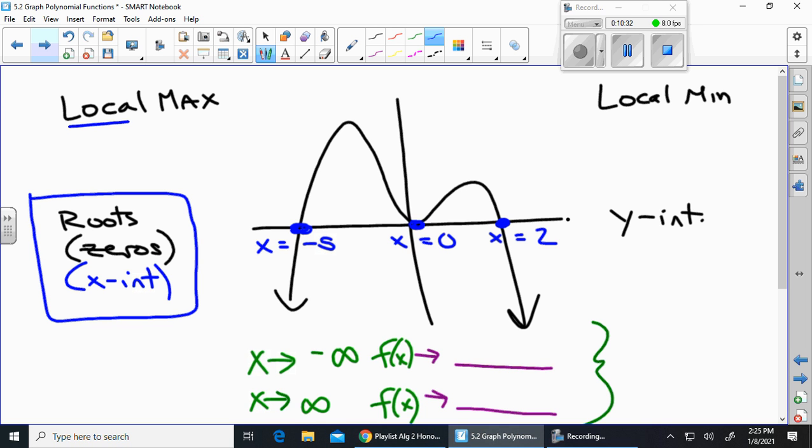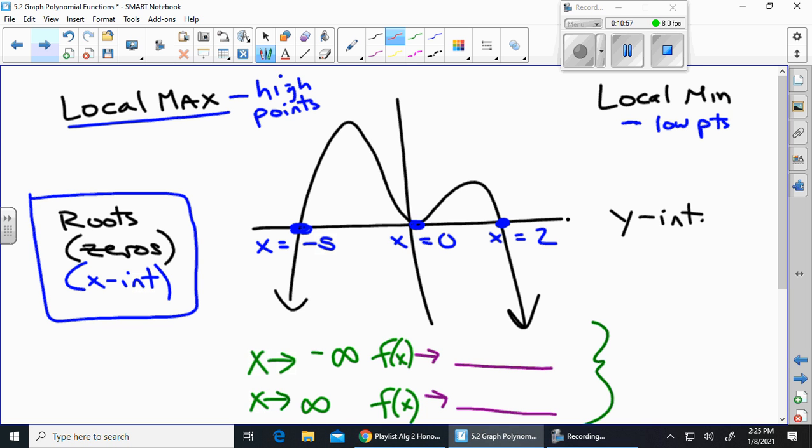Local maxes, those would be high points. Not the arrows. These would be points in the vicinity. It's the top of a hill. We could call them peaks and valleys. The top of a hill, the bottom of the hill. Local min, low points. You can have more than one.